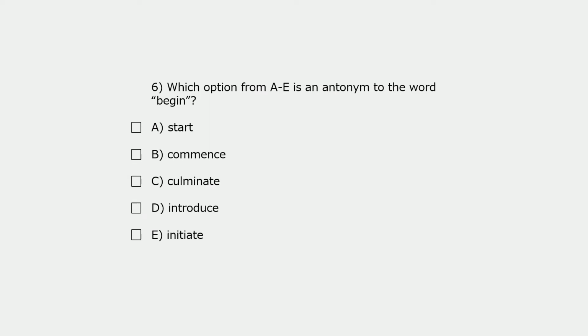Question 6. Which option from A to E is an antonym to the word begin? Now let us highlight the word antonym and begin, so that we understand that we have to focus on only these two words.